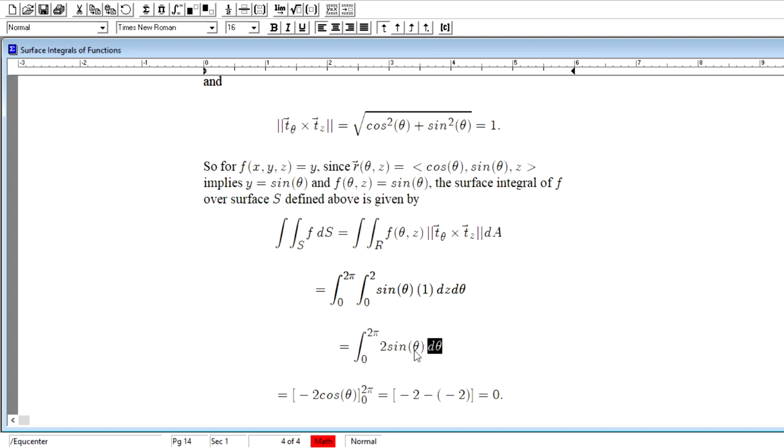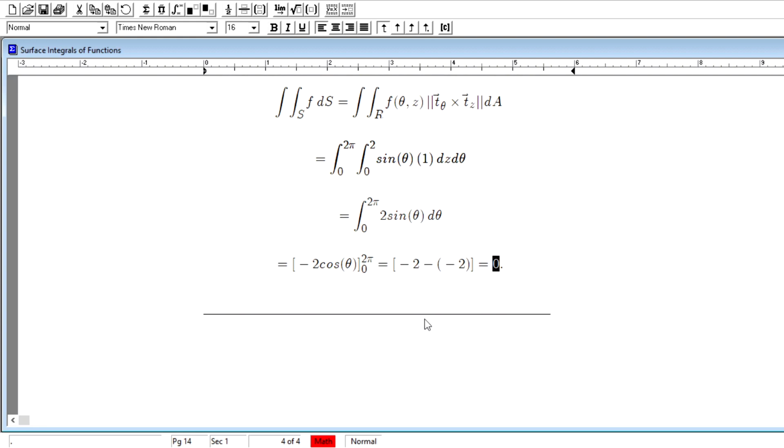Now 2 sine theta integrated with respect to theta from 0 to 2 pi gives negative 2 cosine theta, which when evaluated from 0 to 2 pi produces negative 2 minus negative 2, which simplifies to the value of 0 in the end.